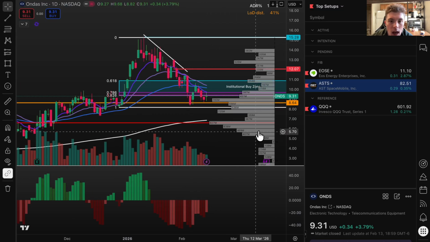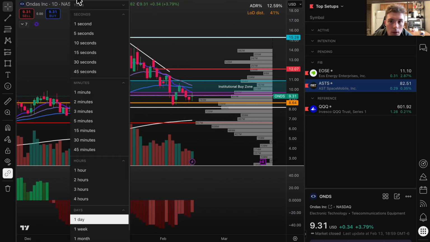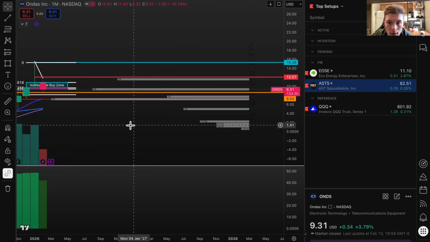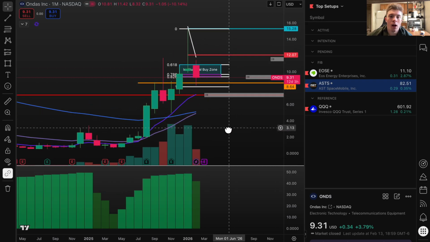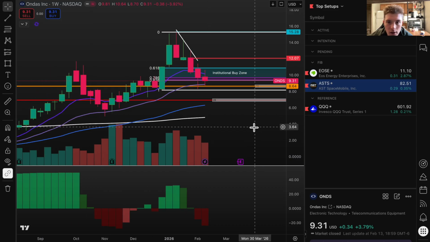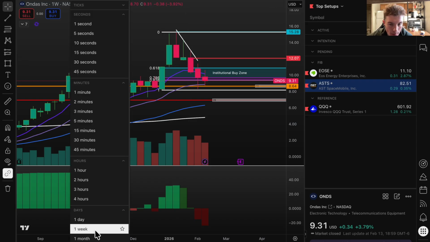This chart's just kind of erratic as hell, and dude, it's like a 13% ADR. I mean, it's bullish. I would buy shares in this company. I bought shares at like $12.50 or something. Sold them the day after.